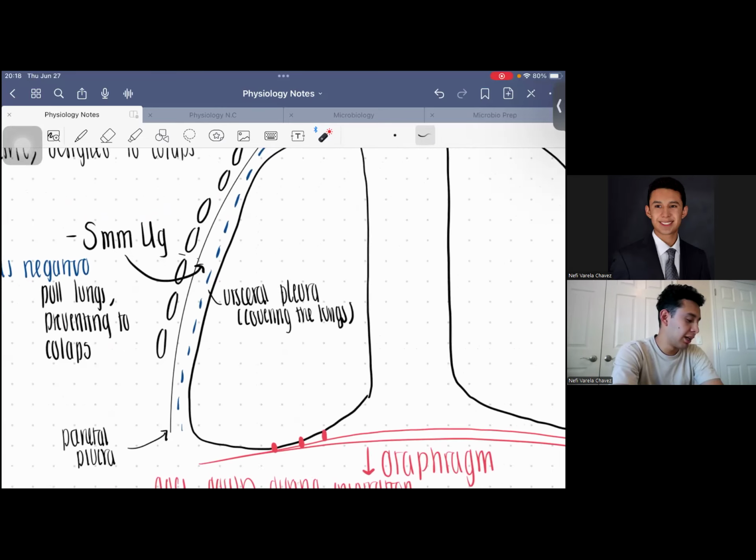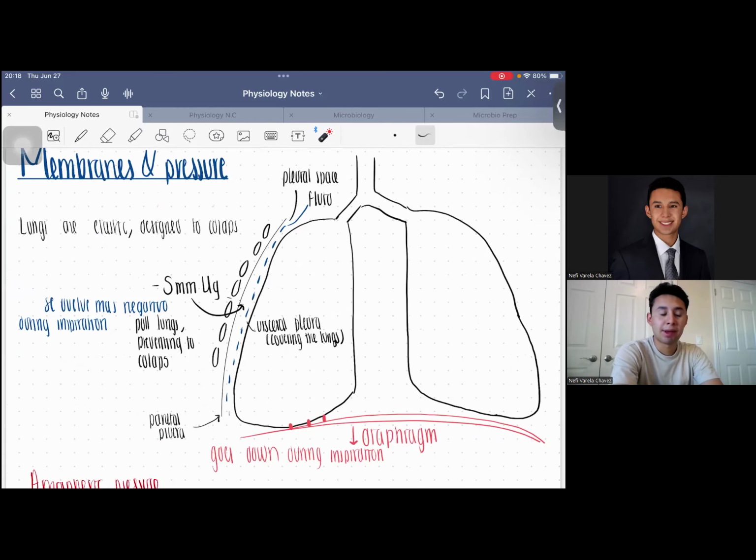And now is where membranes start playing a role. Surrounding the lungs, covering the lungs, we're going to have a membrane called the visceral pleura. As the name implies, it's covering the lungs. In the costal side, close to the ribs, we are going to have the parietal pleura. And between them, we will have the pleural space.